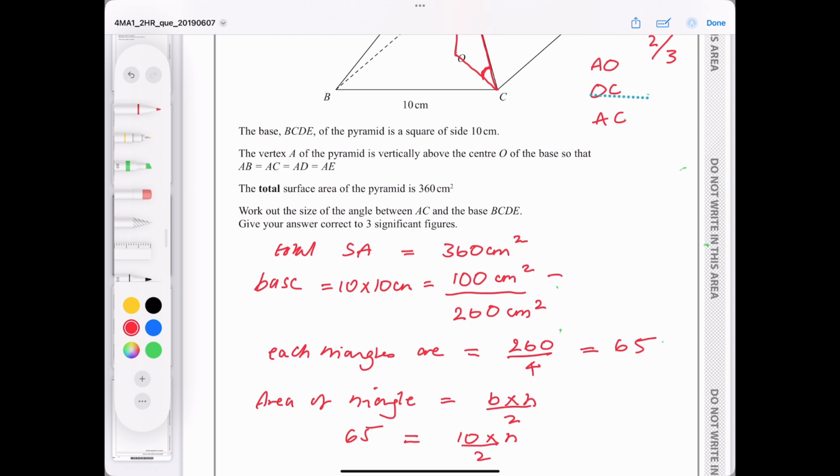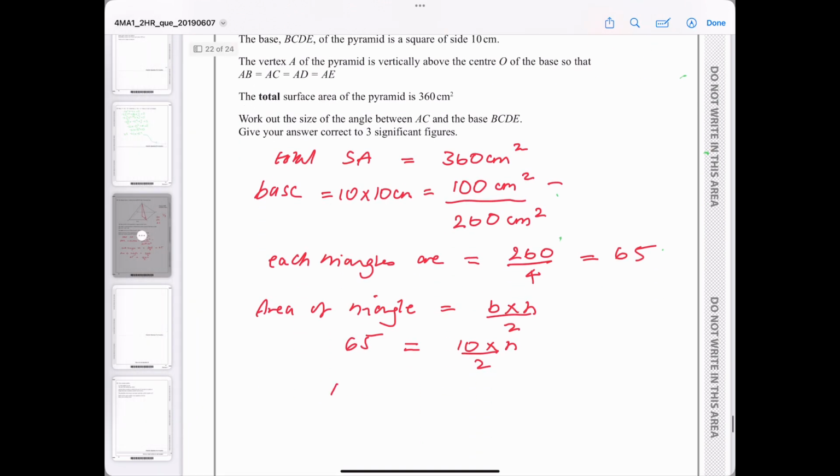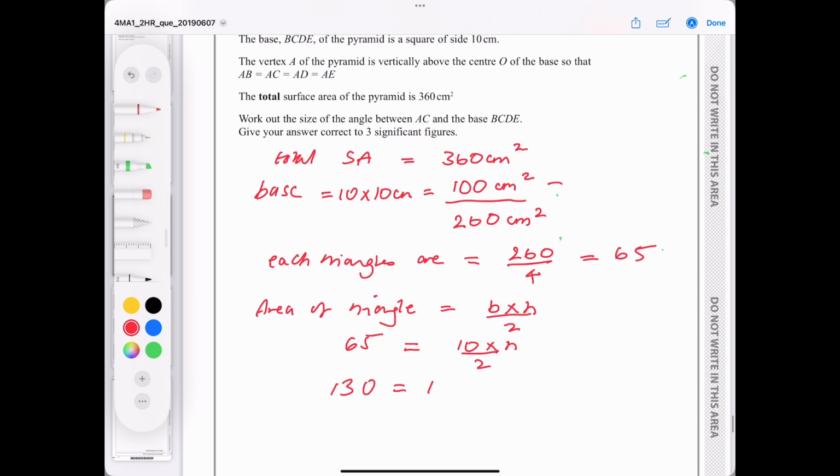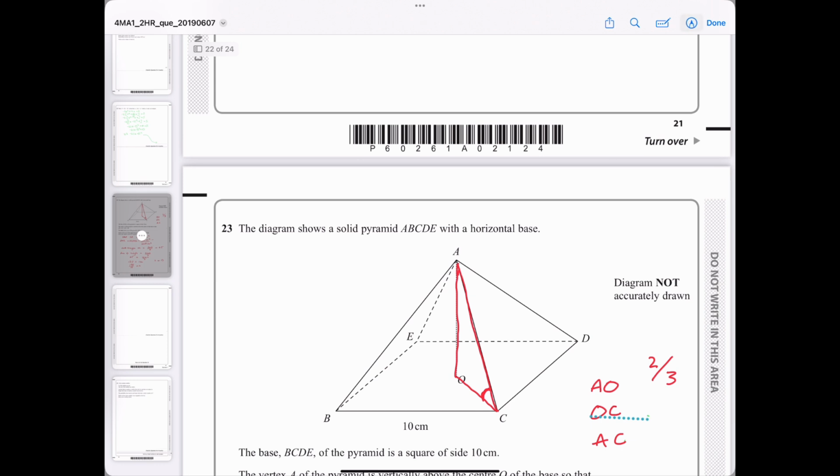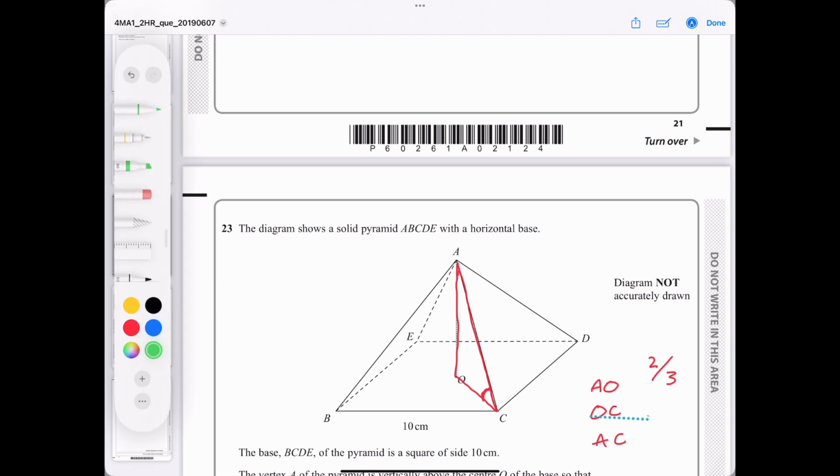So 130 equals 10h, and 130 divided by 10 equals h. So we've got height equals 13. But that's the height of, and I'm going to have to put this in another colour, that's literally this height here. If I'd drawn that correctly, that would be excellent.